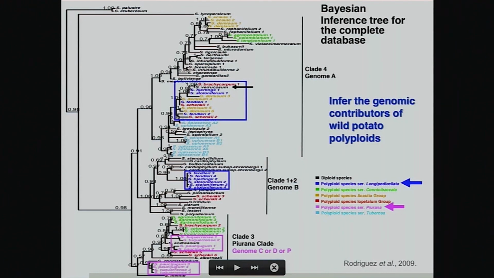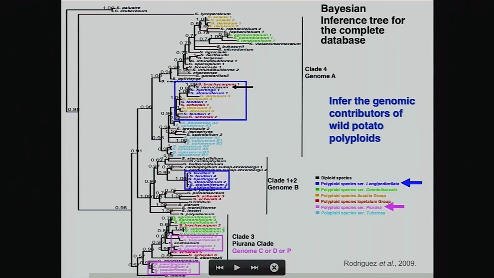Hawkesii, Stoloniferum and Fendleri are species from series Longipedicellata. Some alleles are in this clade that has genome A. And other alleles from those species also cluster in this clade with genome B. So now you can see that they are allopolyploids.